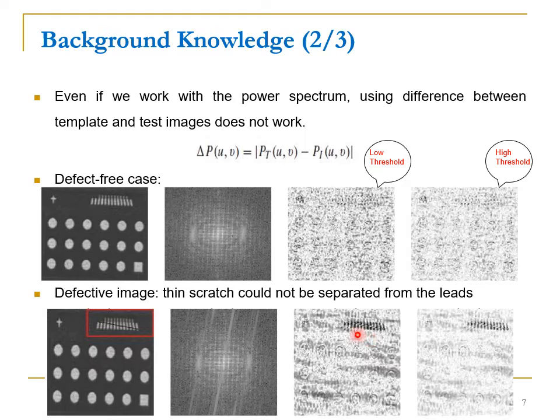So we expect to see only the scratch separated, but we can see that even when the threshold is set high, the scratch cannot be separated in its entirety from the leads. So the naive approach, even with the power spectrum, will not work. We need some improvements or some modifications.